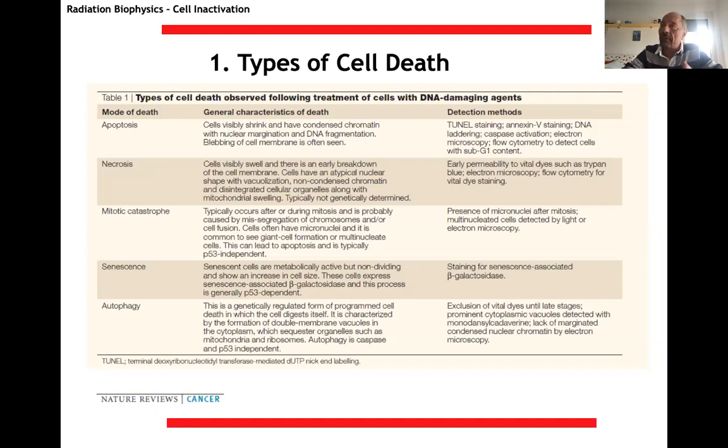And finally, autophagy. Autophagy is also a form of programmed cell death, like apoptosis, but is characterized by the formation of double membrane vacuoles in the cytoplasm, which sequester organelles such as mitochondria and ribosomes. So it's a sort of swallowing itself, creating membranes, to kill itself.